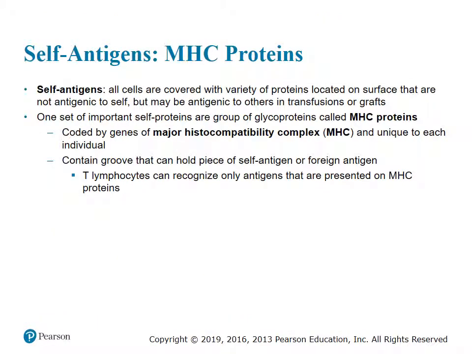Okay, so when we talk about self-antigens, we talk about this particular type of protein, MHC protein. What an MHC protein stands for is the major histocompatibility complex protein, and it's a self-protein. It's a protein that's located on the surface of our cells, and each and every cell has these surface proteins.